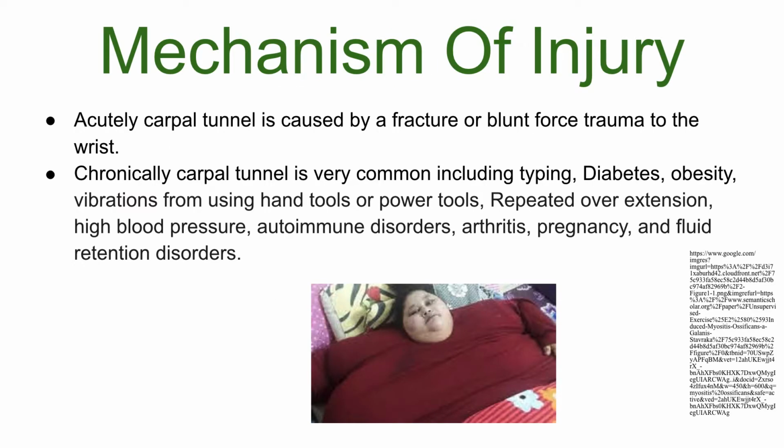Mechanism of injury. As far as acute mechanisms, there is not really any besides blunt force trauma to where the median nerve runs, as well as fractures of the wrist.